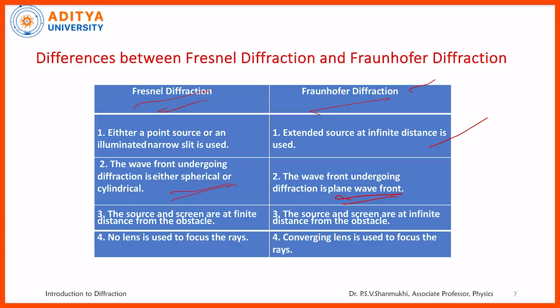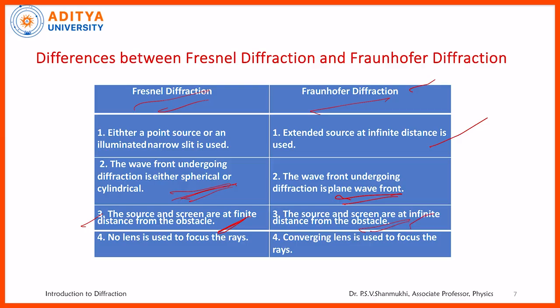As we just discussed, the source and screen are kept at finite distance in Fresnel's diffraction, whereas in Fraunhofer diffraction both are kept at infinite distance from the obstacle, or the single slit or double slit, whatever it may be, that is the diffracting agent.